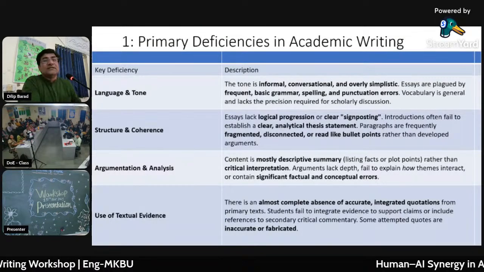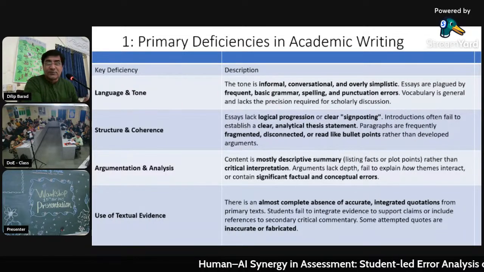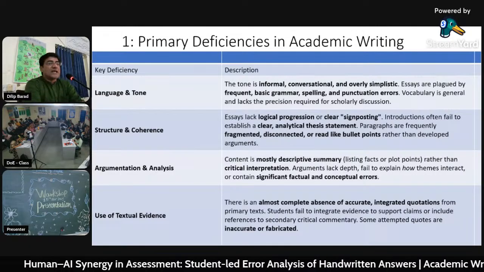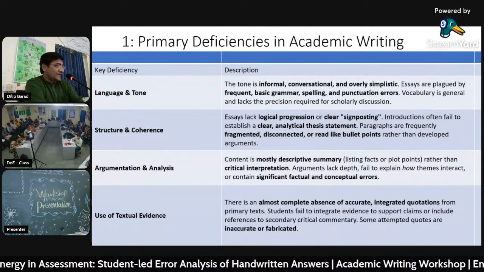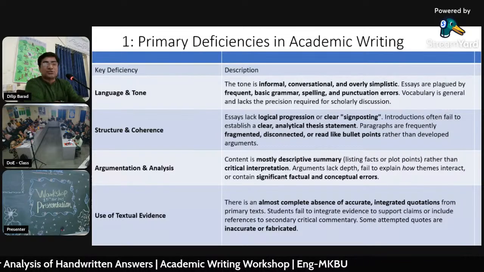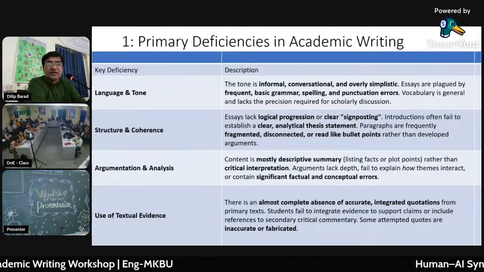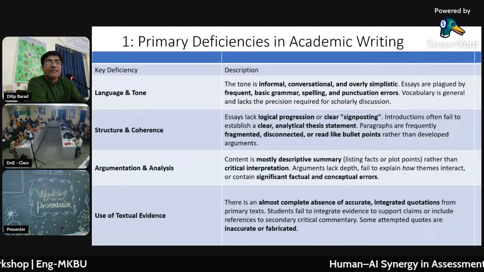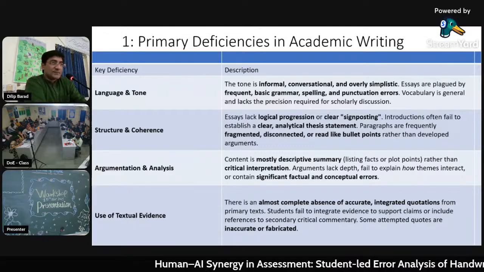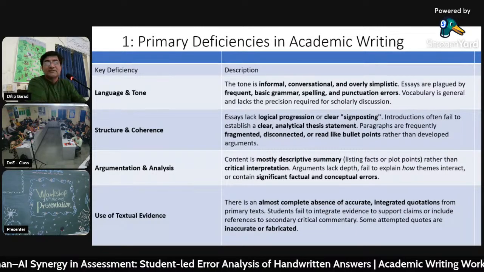So primary deficiencies in academic writing, according to our rubric, that was the DoE and MKBU rubric. Key deficiencies in language and tone, then structure and coherence, argumentation and analysis, and use of textual evidence. In most of the answers, these things were lacking, like informal tone; conversational or oversimplistic writing was found in general in your answers.